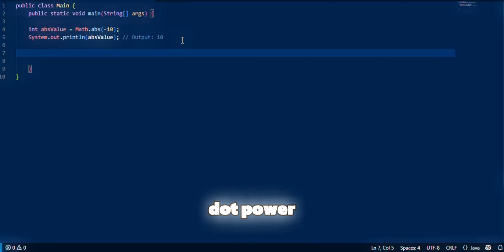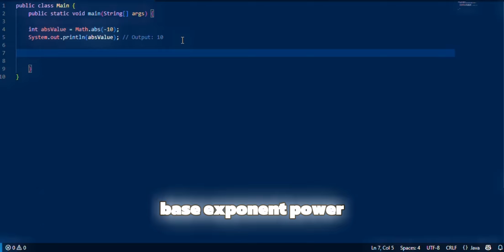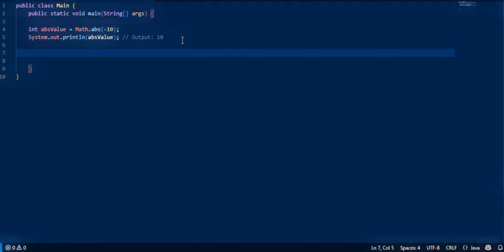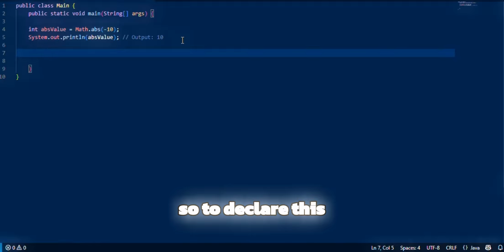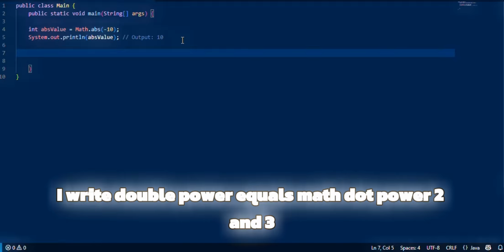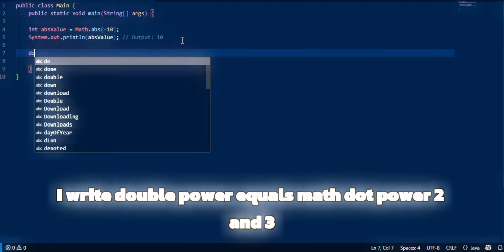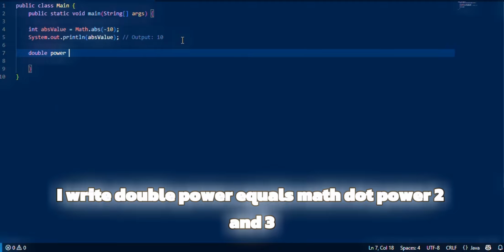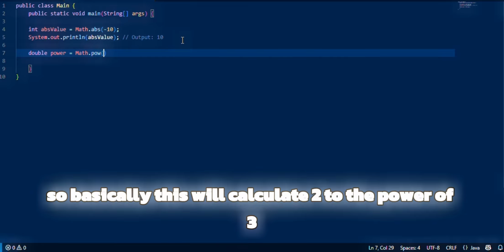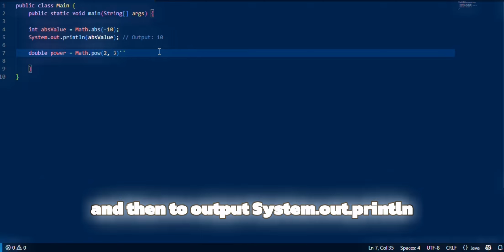The next example I will be talking about is Math.pow, which takes a base and an exponent. To declare this, I will write double power equals Math.pow(2, 3). This will calculate 2 to the power of 3.